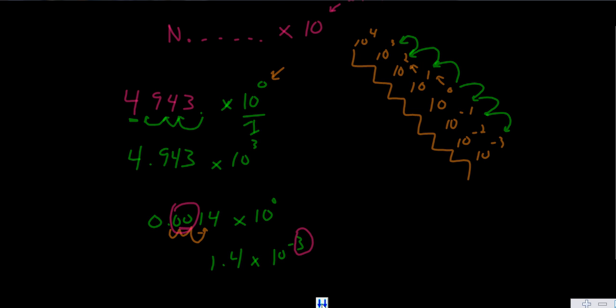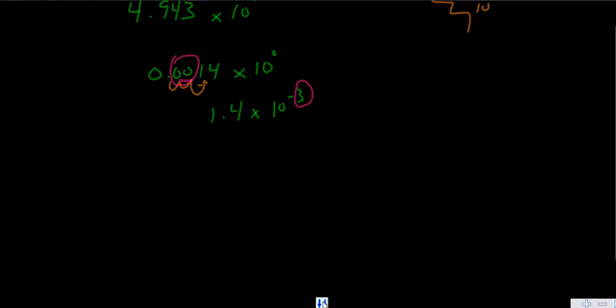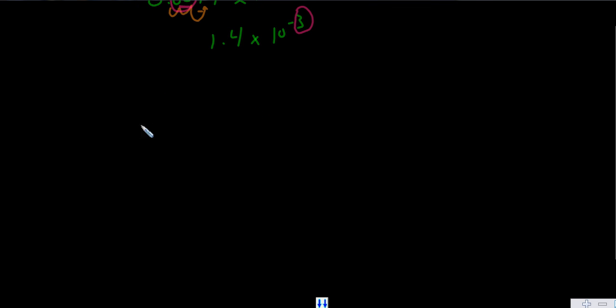Now, what if you need to undo scientific notation? What if I gave you the number 2.364 times 10 to the 4? Having this number, you need to get this out of scientific notation sometimes. And so to do that, you need to convert that 10 to the 4 into a 10 to the 0.